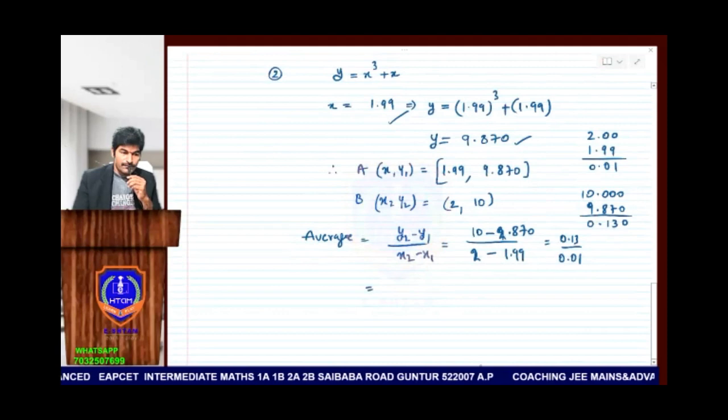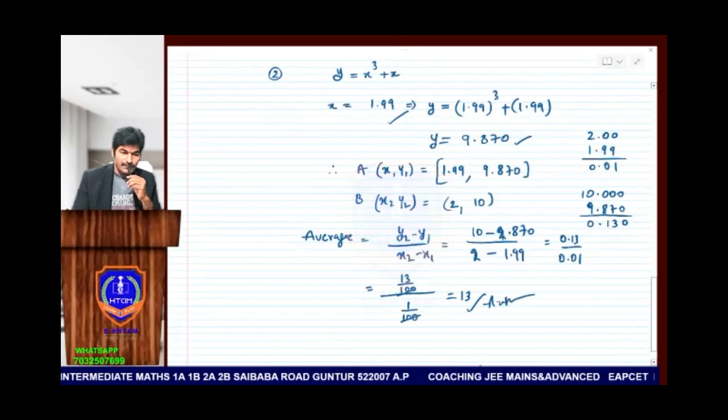Therefore, 0.13 means 13 divided by 100, and this value is 1 by 100. So both get cancelled. So the average is 13. Check your answer.